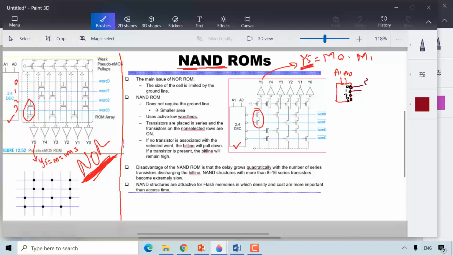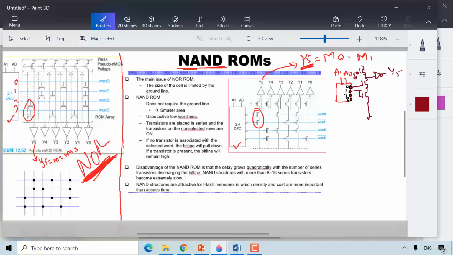And the way I implement the NAND gate, this is here 1, 2. Okay. And this is my pseudo NMOS, and this is an inverter, and this is my Y5.